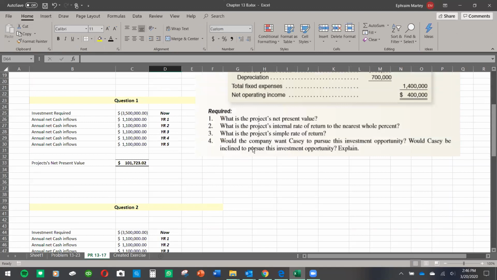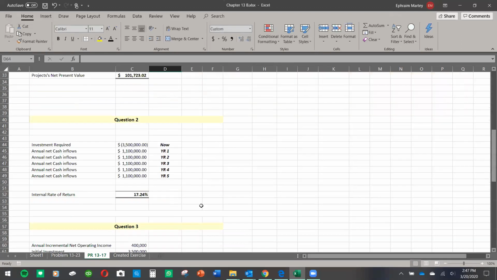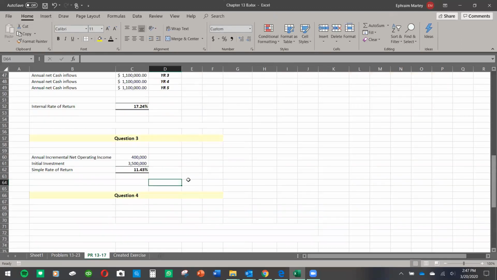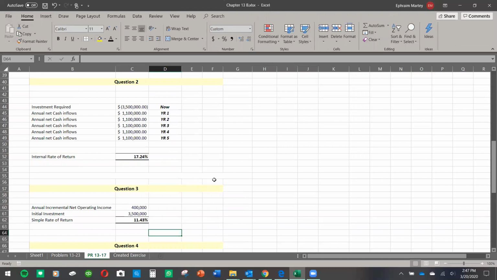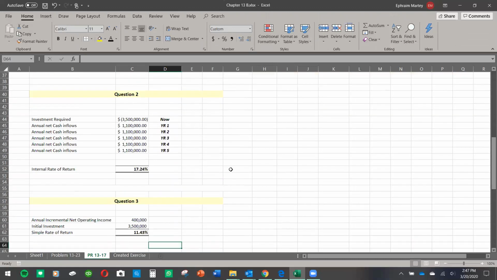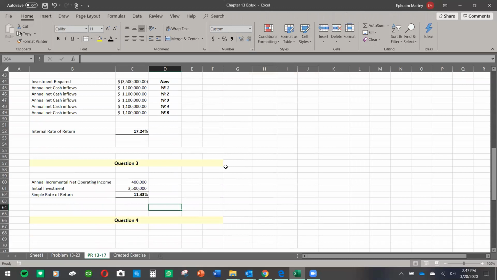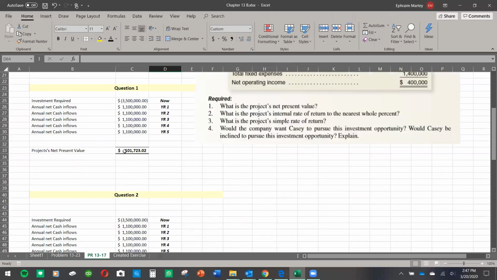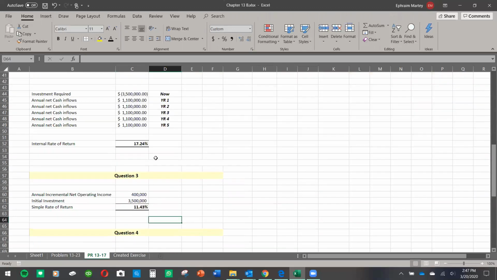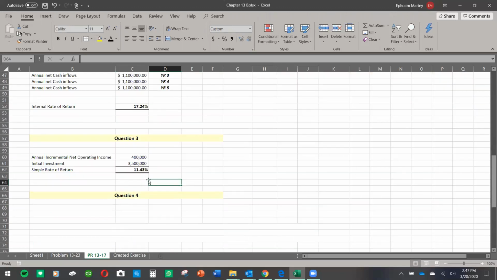Question number 4, it says, will the company want Casey to pursue this investment opportunity? So here, will the company want him to pursue this? The answer is yes, because the net present value is positive. They haven't lost anything, and they are having some return on the investment.